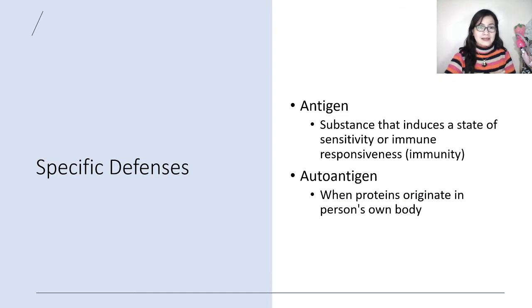Now let's discuss the specific defenses. So we have antigen and autoantigen. When you say antigen, these are substances that induce a state of sensitivity or immune responsiveness. Autoantigen is when proteins originate in one's own body.